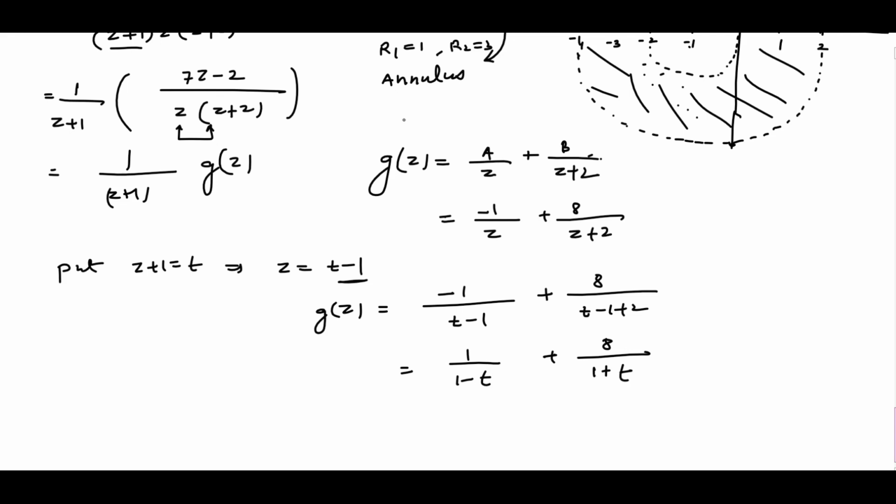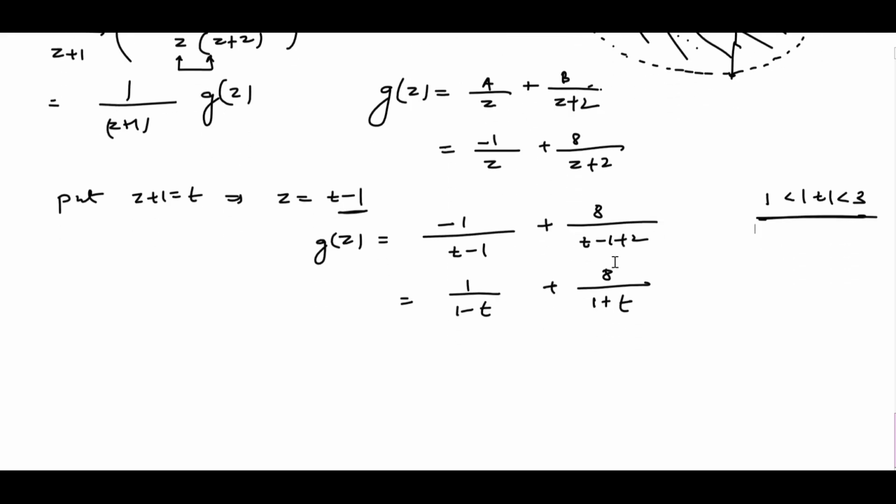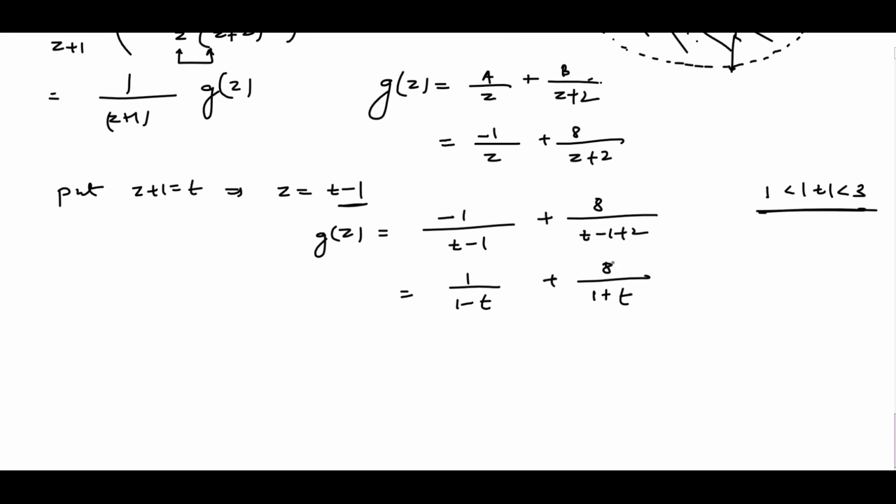So you can see that our domain will be 1 less than mod of t less than 3. So now here, if I take any value of t between 1 and 3, our modulus of t will always be greater than 1. So we need to take the t outside.